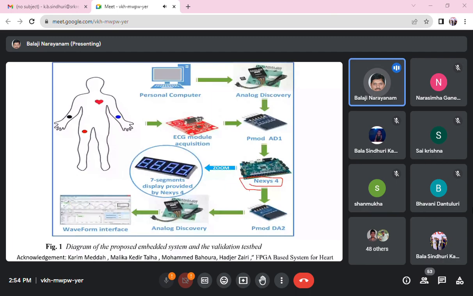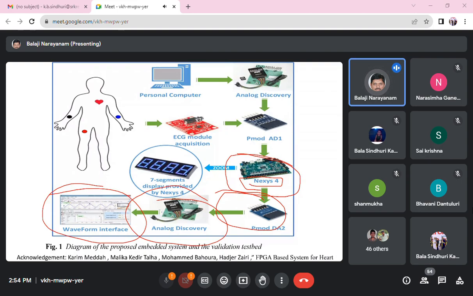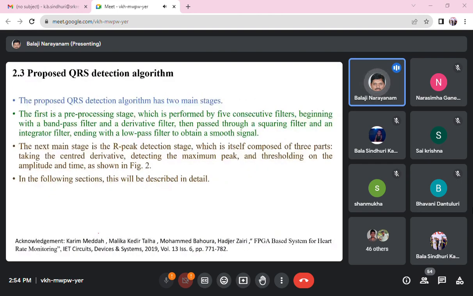After processing on the FPGA, the digital signal needs to be converted into an analog signal, and then it is given to an Analog Discovery board and then to a waveform interface, so that we can analyze which particular anomaly the patient or the subject is suffering from.